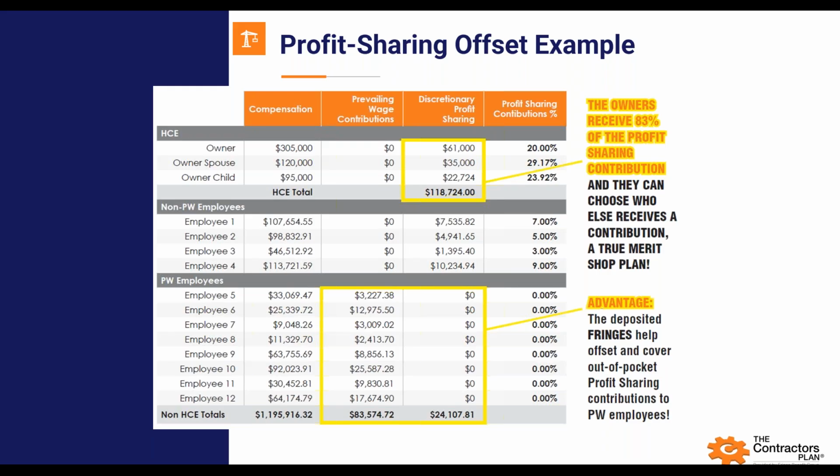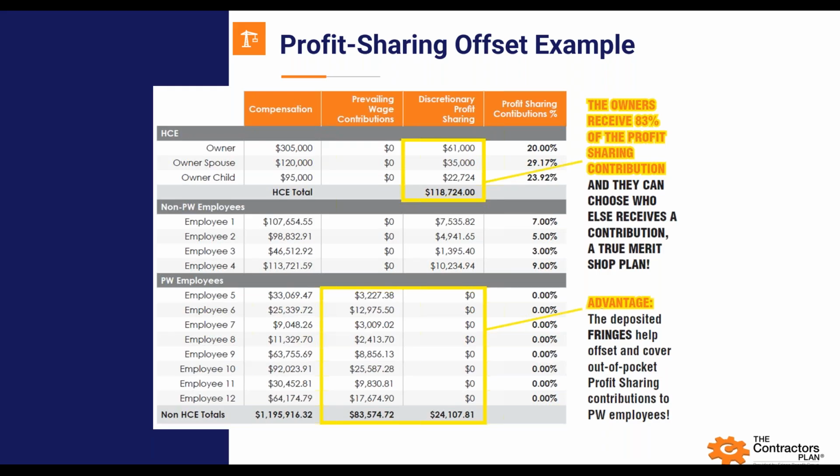Then you have non-prevailing wage employees. Let's look at employee 4 in this example. You've got a $113,000 employee. They're maybe your most successful employee, but they're a former felon. And therefore they can't get on the military base where you do a lot of work because they can't get a security clearance. Well, now you can reward that employee because they're a great employee with a pretty significant profit sharing contribution, because that employee is valued and they're not able to do prevailing wage.